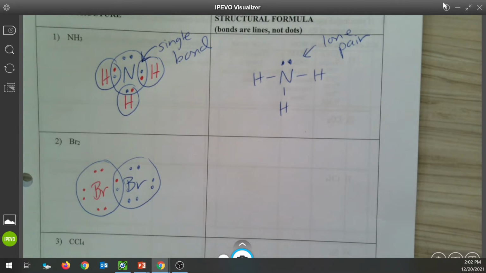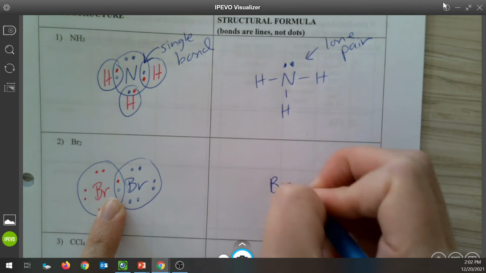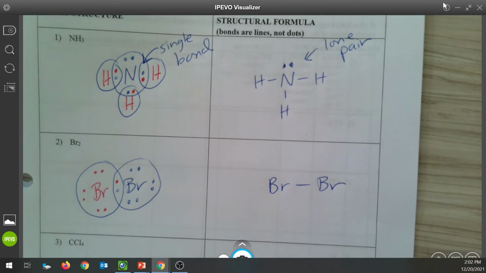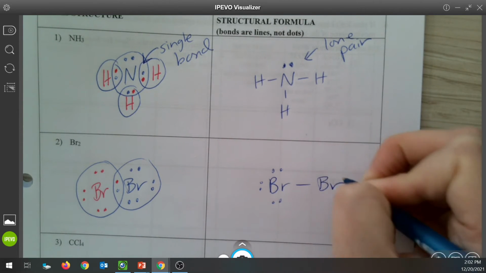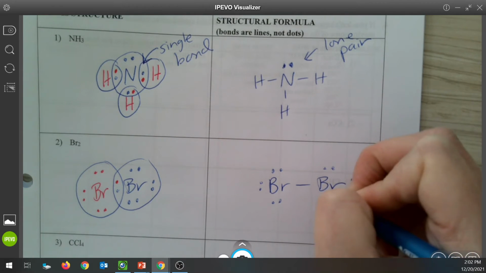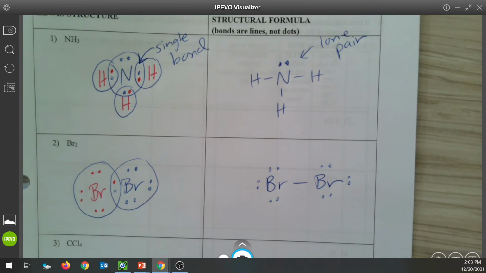Okay, and then just draw a circle around each octet. And again, this is a single bond, so when you do this, just draw it as a line. And then keep the lone pairs, okay? And just know in your mind that that line in there is 2 electrons being shared.